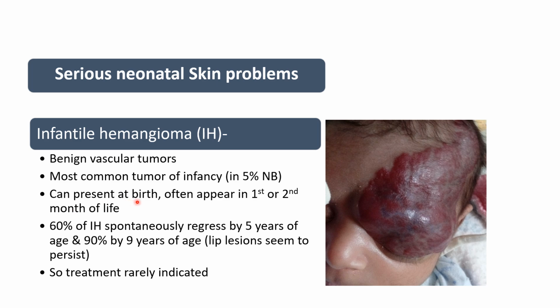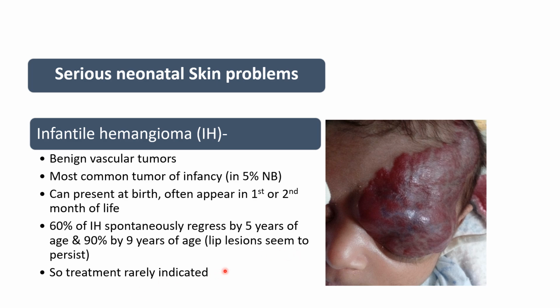It is the most common tumor of infancy, present in 5% of newborns, and it can present at birth. Initially it is just like a telangiectasia, and slowly it grows in size, and by the age of 3 months it becomes like a nodular skin lesion. 60% of infantile hemangiomas spontaneously regress by 5 years of age, and 90% by 9 years of age, except lip lesions which generally persist.